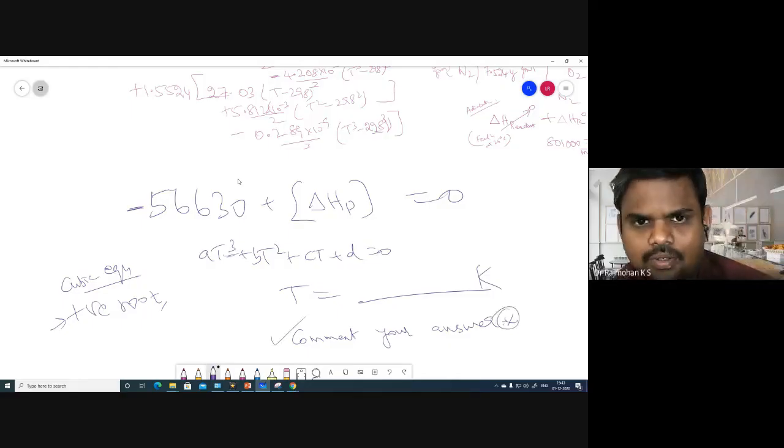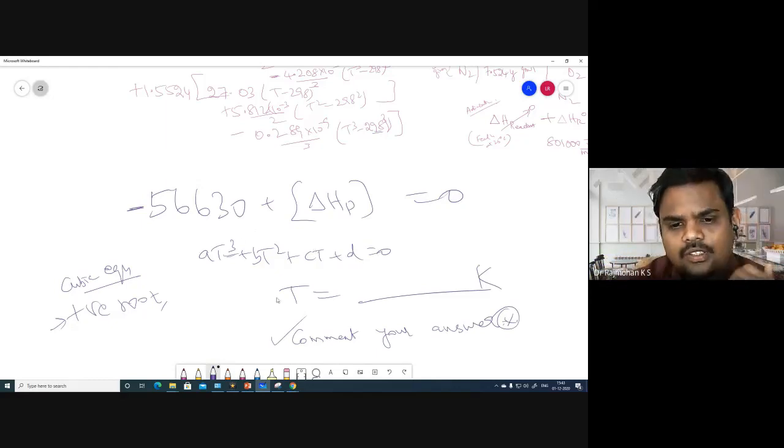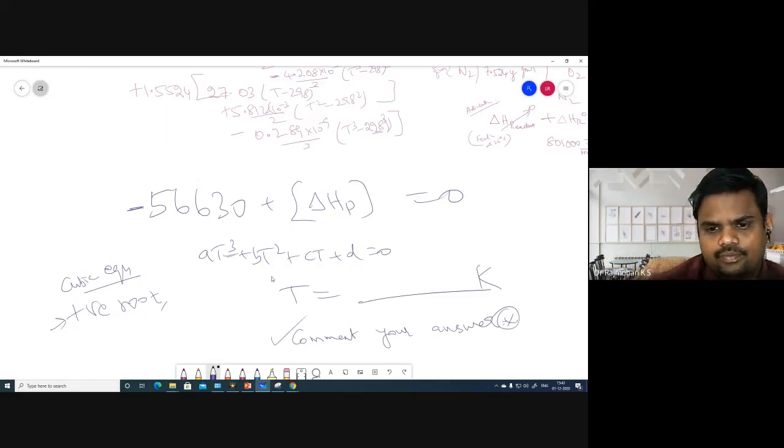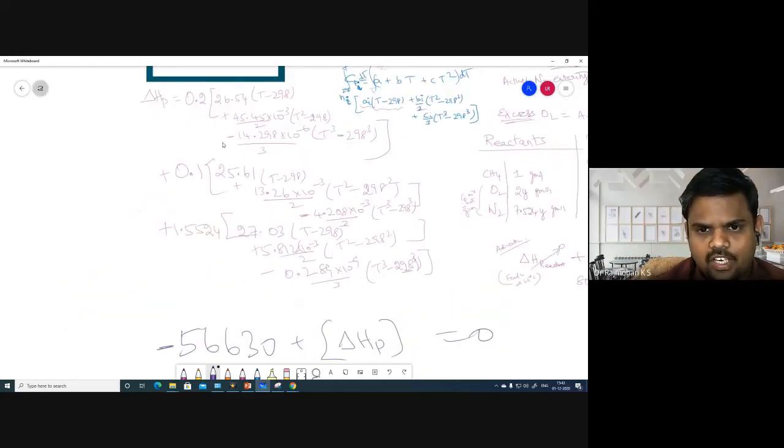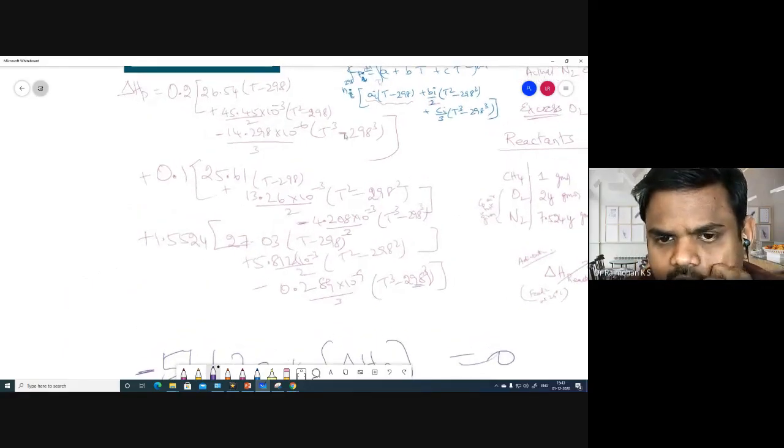Let us check it. How to solve this? Please use your mathematics skills and simplify this expression. How many T terms, T square terms and T cube terms are there?